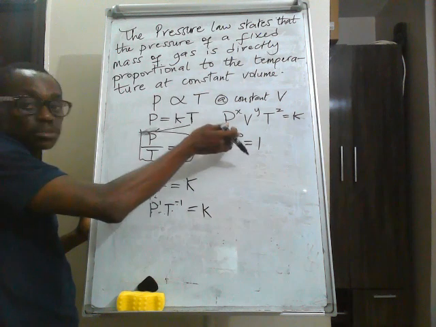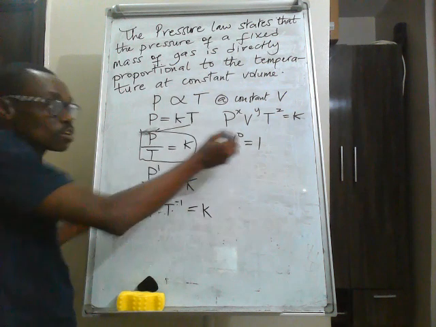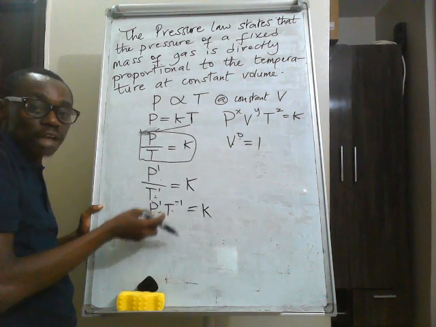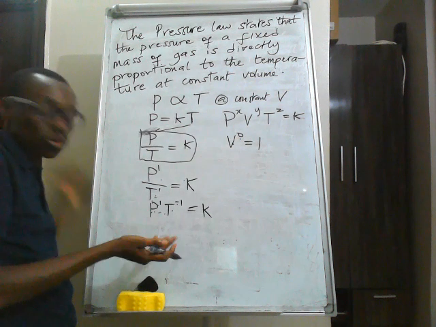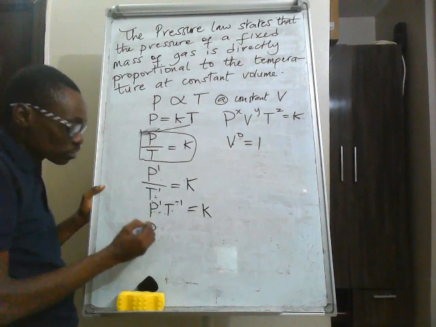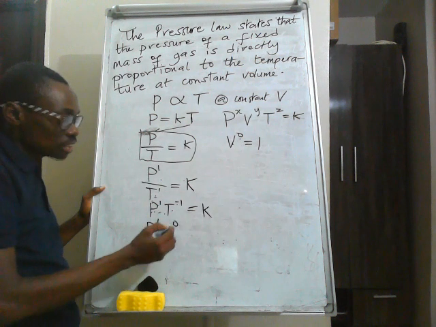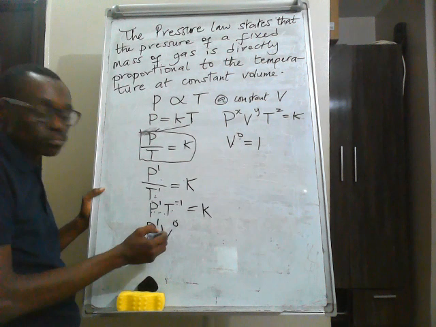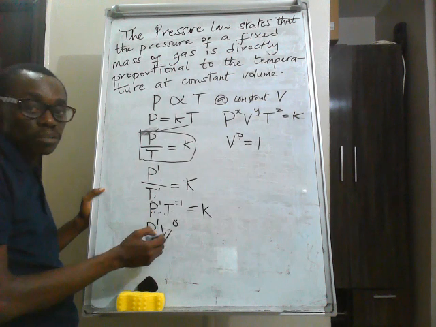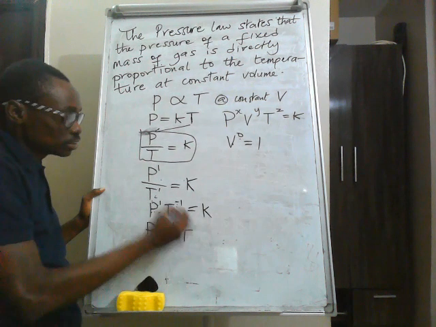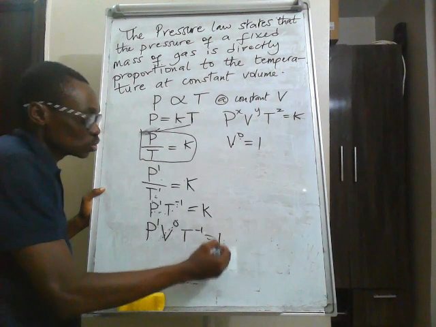So putting V raised to power 0 doesn't alter anything, because V raised to power 0 is the same thing as 1. So I can put P raised to power 1, V raised to power 0, and T raised to power minus 1 equals K.